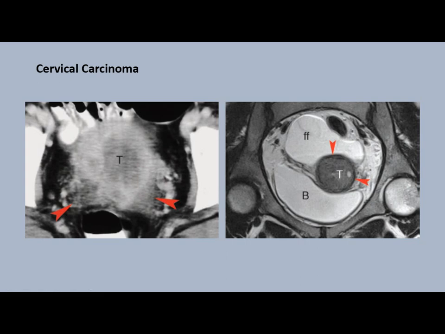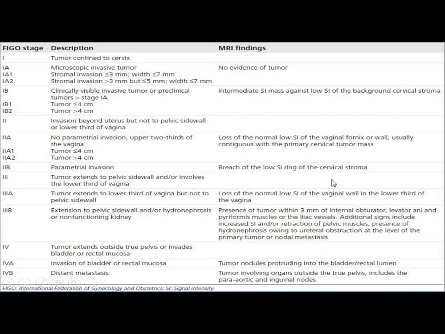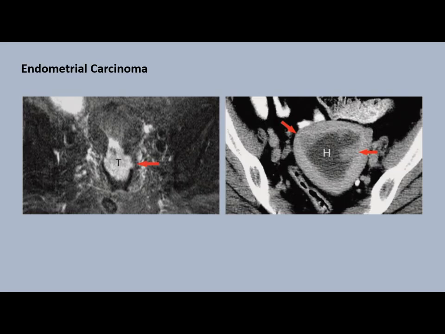So there is no extension beyond the cervix. There is some free fluid, but there is no extension. It is replaced by this intermediate signal intensity, which represents soft tissue, tumor or carcinoma. FIGO staging, you can have a time for FIGO staging.